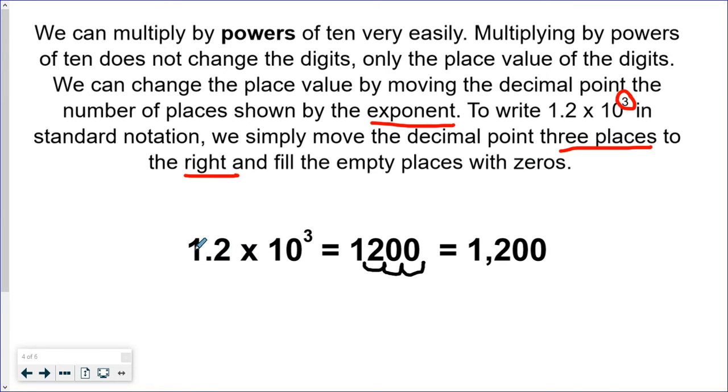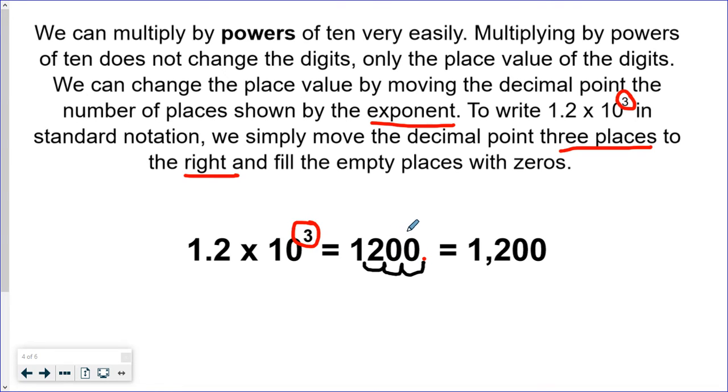So here's my initial problem, 1 2/10. I'm going to multiply that by 10 to the 3rd power. Okay, we recognize that the exponent is 3. So this exponent 3 is going to tell us how many places to move the decimal to the right. So here's where the decimal started. And over here, you notice I drew 3 loops. 1, 2, 3. Now this is where the decimal point needs to go now.